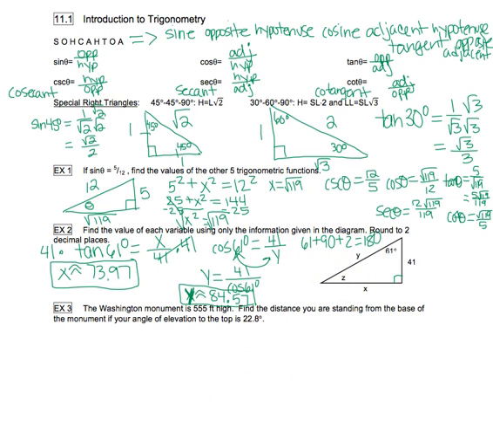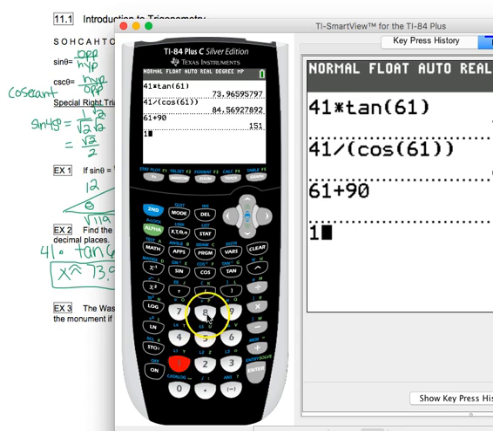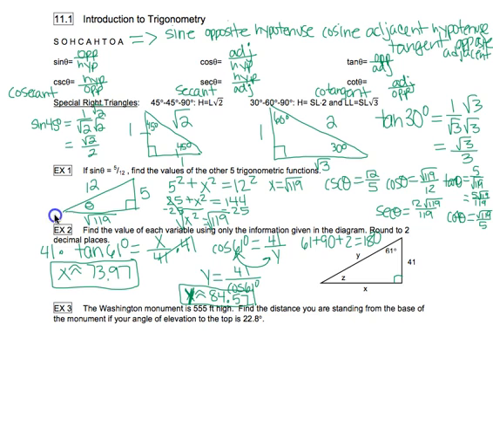So do 61 plus 90, which is 151. Subtract that from 180, and I find that z is 29 degrees. And I've solved for all of my variables.